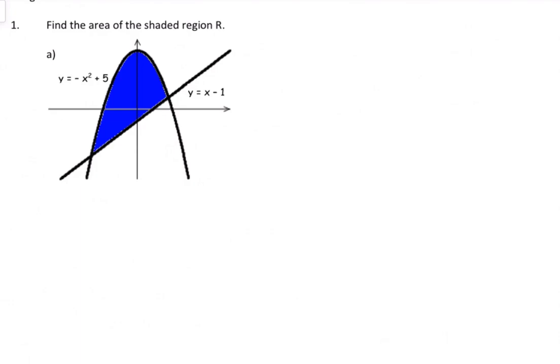So the first thing that I need to do is start by finding where my limits of integration are. So those will be the numbers that I put on my integral symbol. Now, the limits of integration in our previous section were usually given to us by some closed interval where we were looking.